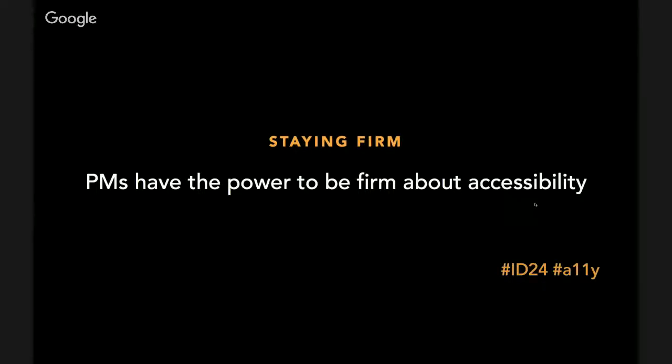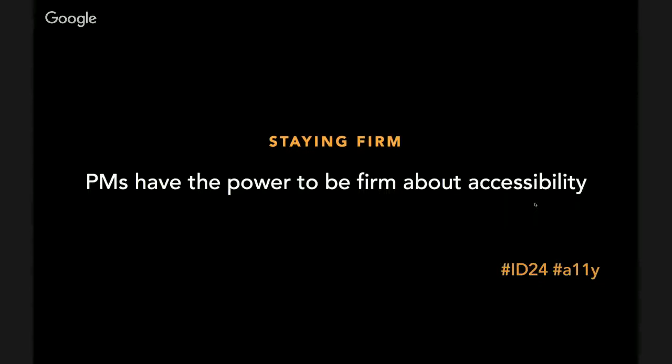The last principle for PMs in terms of accessibility is just to stay firm. You do have the power to be firm about accessibility, and I've seen this play out on projects where I've been able to introduce the concept of accessibility early on in a project, and everyone agreed to it.